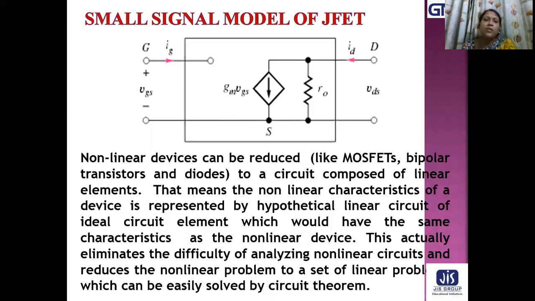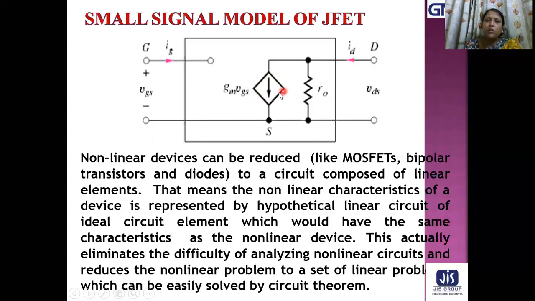So here we can see this is the gate current Ig, this is the gate to source voltage VGS when a small signal is applied. This is the dependent current source. This is the output impedance RO and this is the drain resistance, drain current ID, and this is the drain to source voltage VDS.